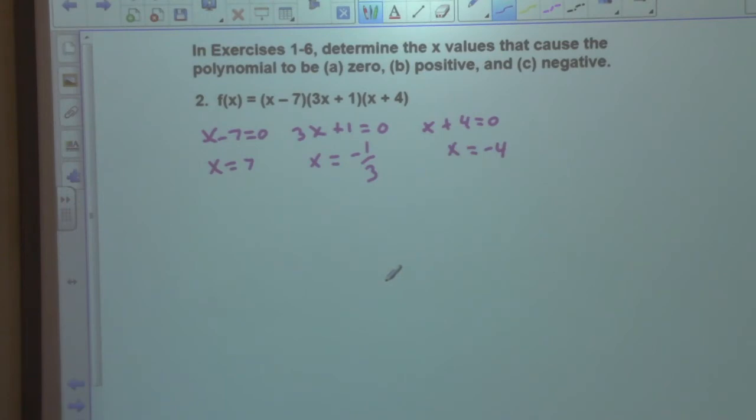Then I did the sign chart. Okay, so I put -1/3 on the chart.